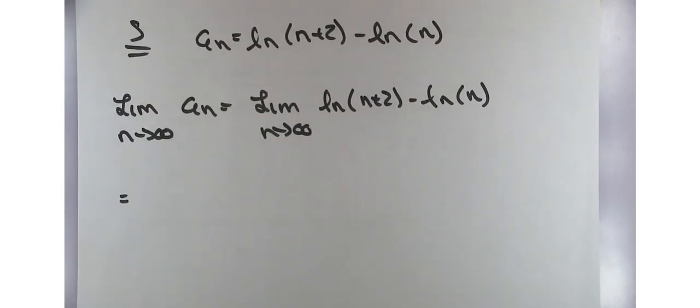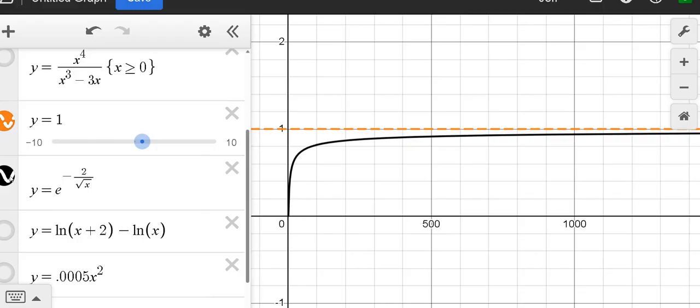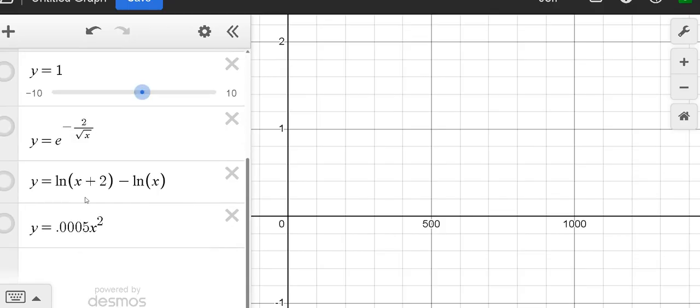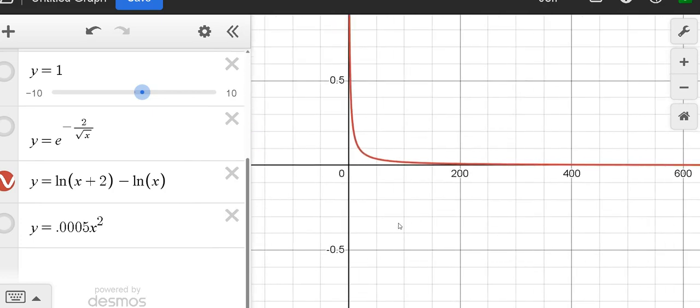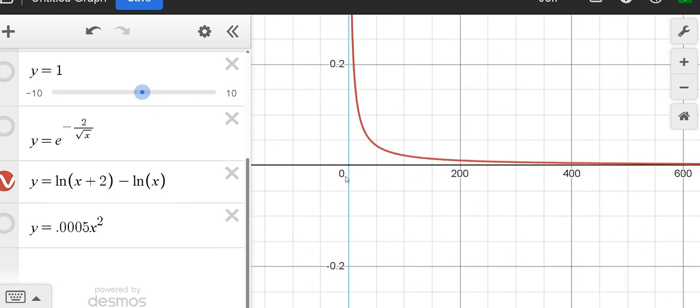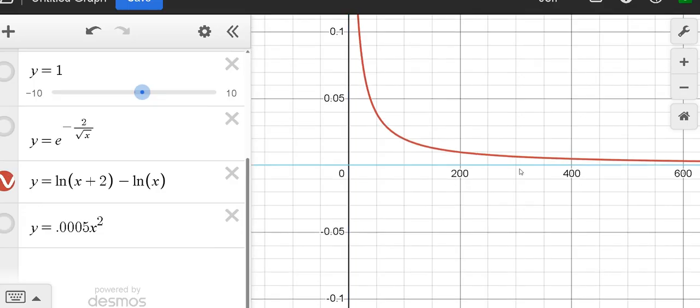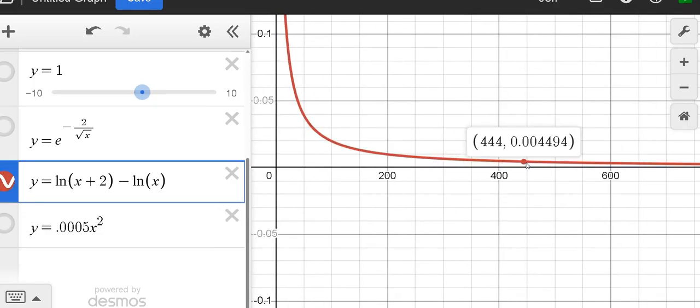But there is something we can do here that will make that a little bit clearer. Let's take a look at the graph real quick and see if it can offer some insight as to what to expect. So here's a graph of ln of x plus 2 minus ln of x. Where does that graph look like it's headed? No matter how much I zoom in, that graph looks like it's determined to get to the x-axis, determined to get a limit of 0.